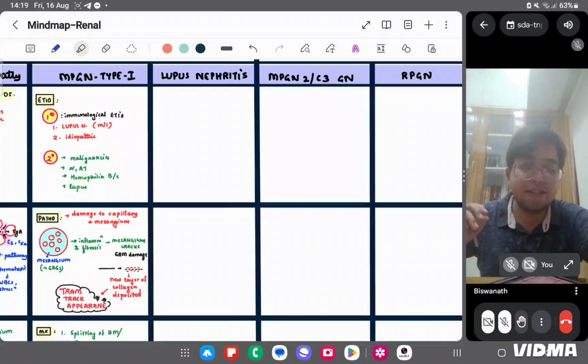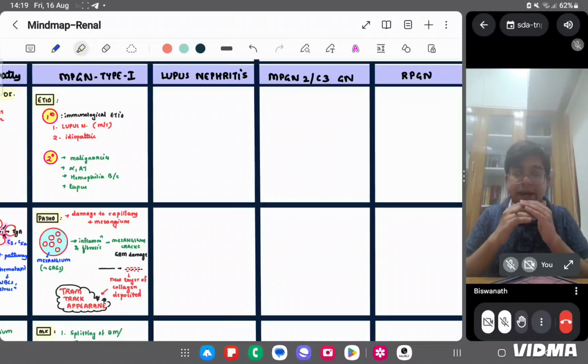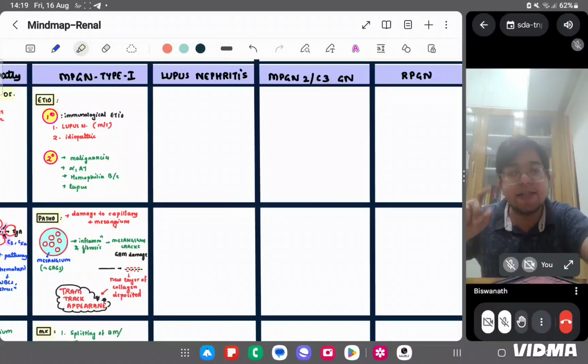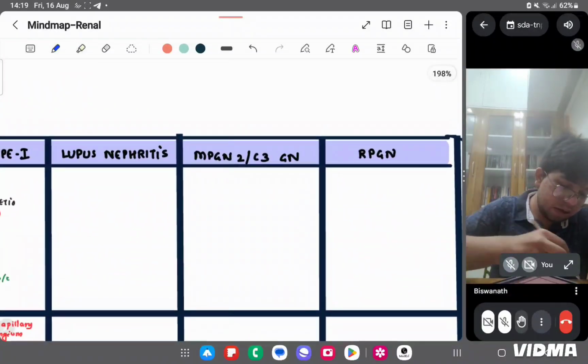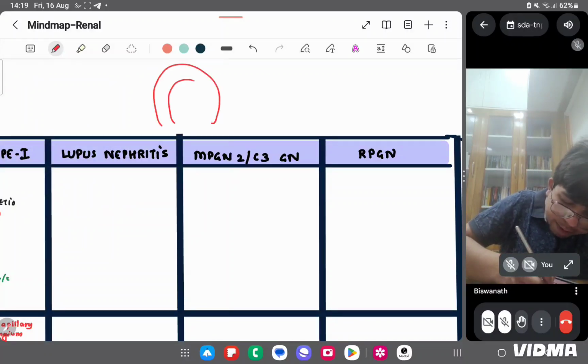Lupus nephritis is basically damage due to these hairpin shaped vessels. Some vessels are shaped like a hairpin, like this. So lupus nephritis is a disorder in which immune complexes are deposited. Let me make you understand here. This is a hairpin shaped vessel.